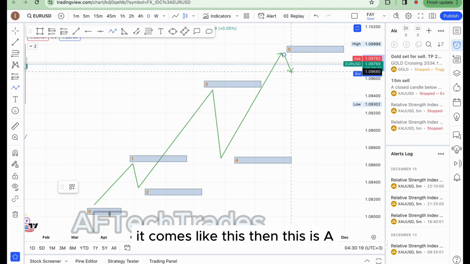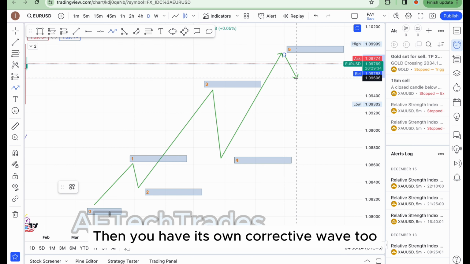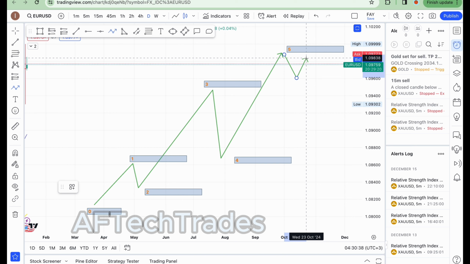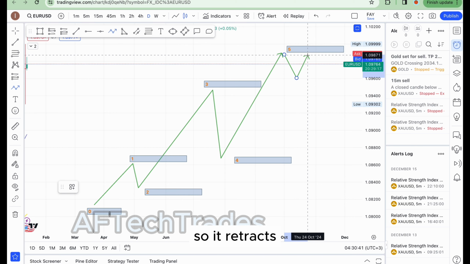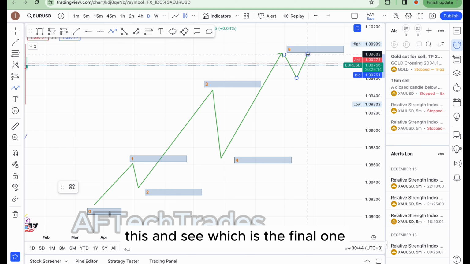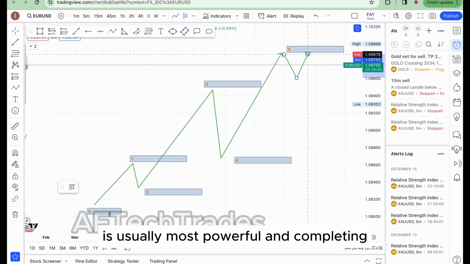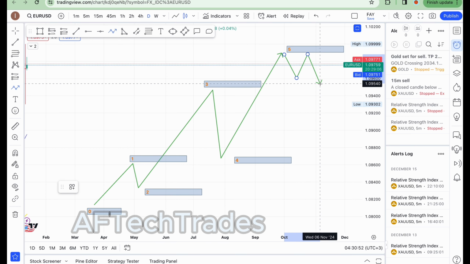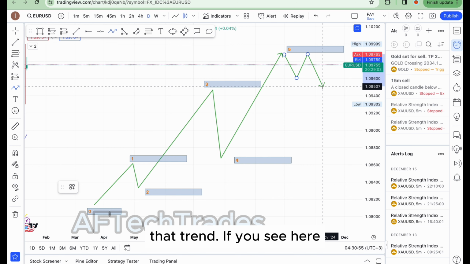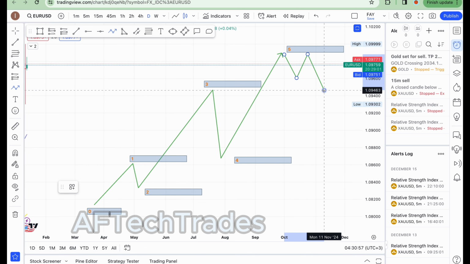Then this is A. Then you have its own corrective wave B. So it retracts this. And C, which is the final one, is usually most powerful, completing that trend.